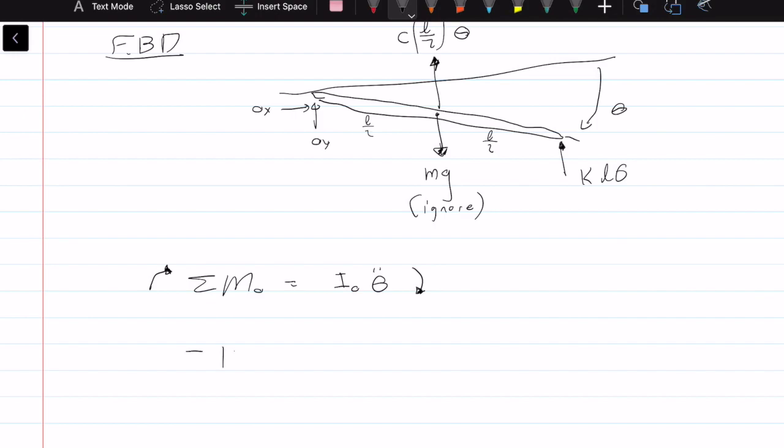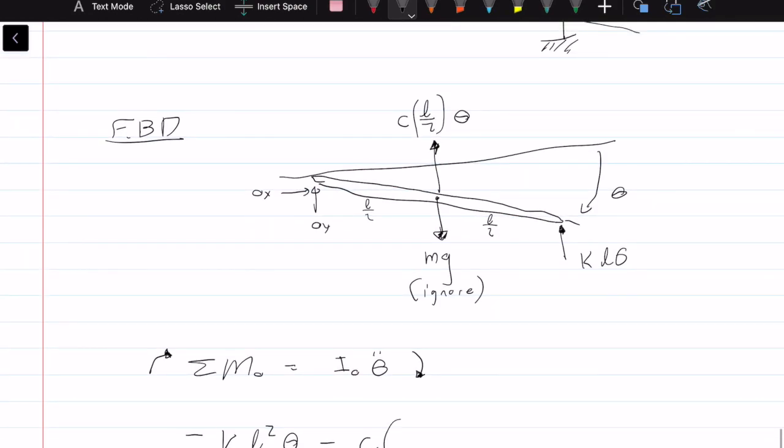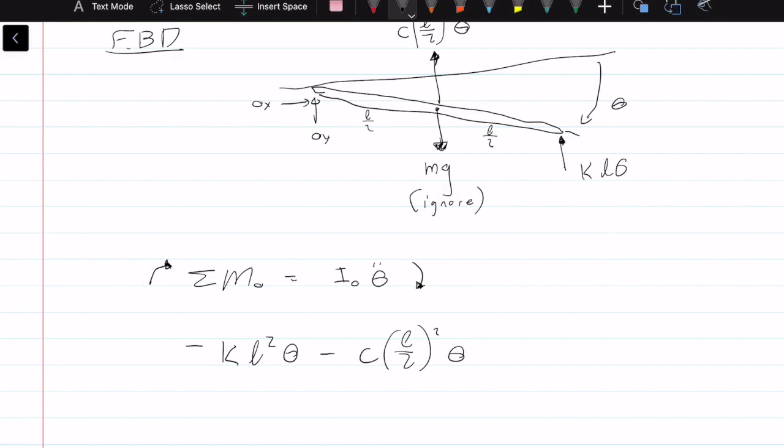We have minus k, and then the moment arm from here all the way to there is L, so that's going to be k L squared theta, minus c. The moment arm is going to be L over 2, so we're going to square that, theta dot. We're going to ignore this mass, is equal to I_O.